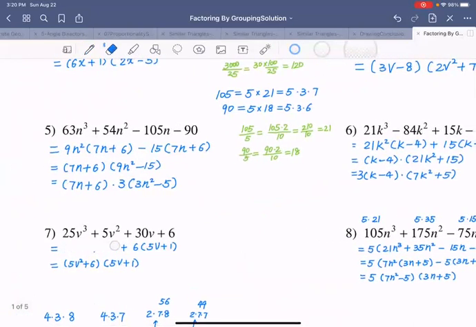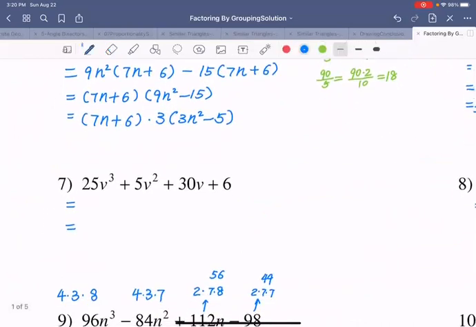Let's do number 7, please. Go ahead. The common factor is 5. So you take out the 5. 5v squared, right? Then times 5v plus 1.